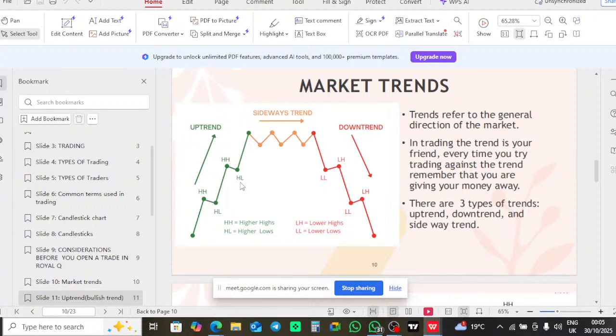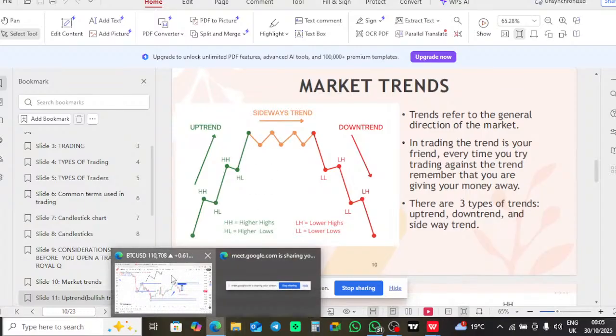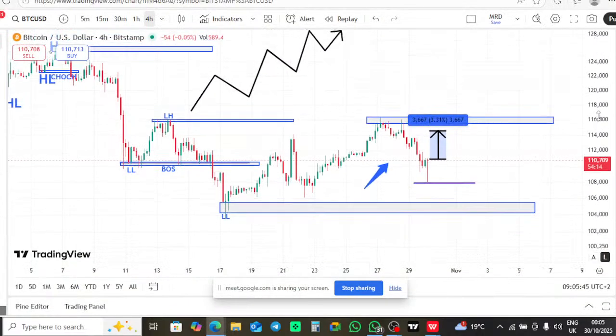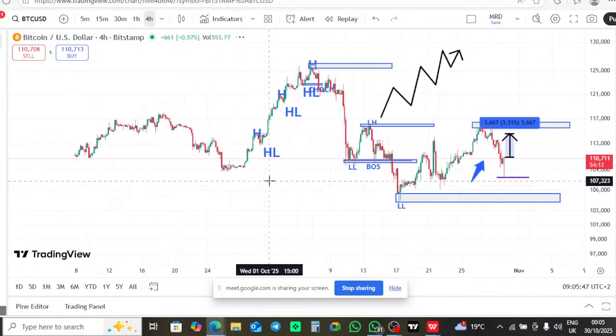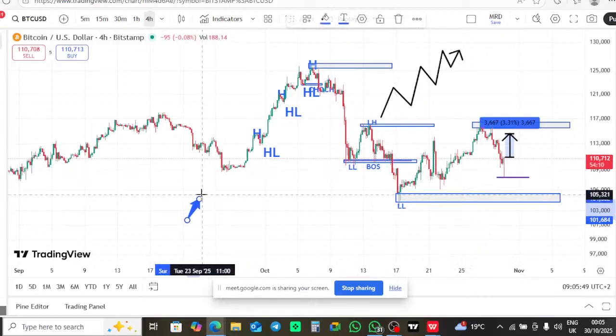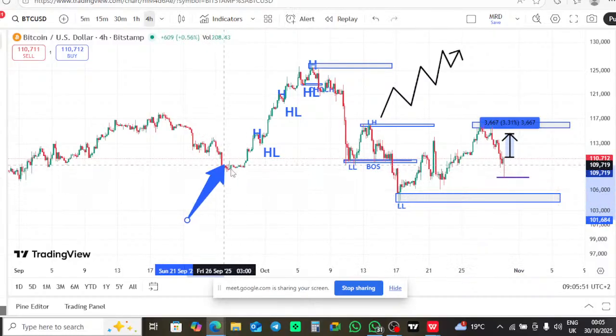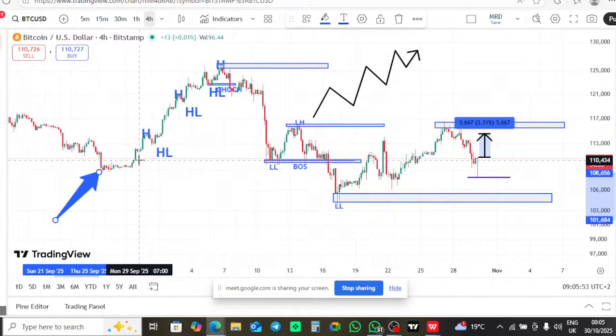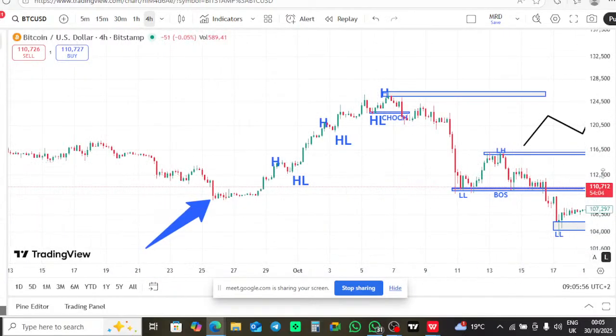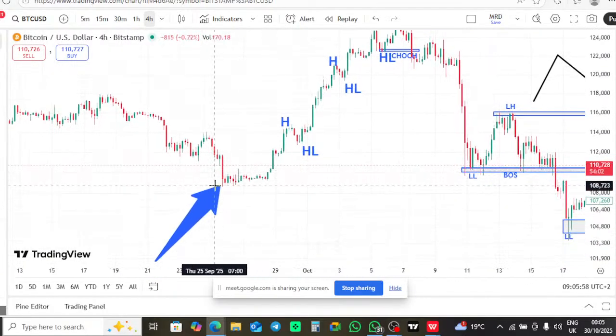Then sideways, it is always not deciding. Like here, the market was not deciding. Look at this point here. It was not dropping, it was not raising, just there. That is what we call the sideways.